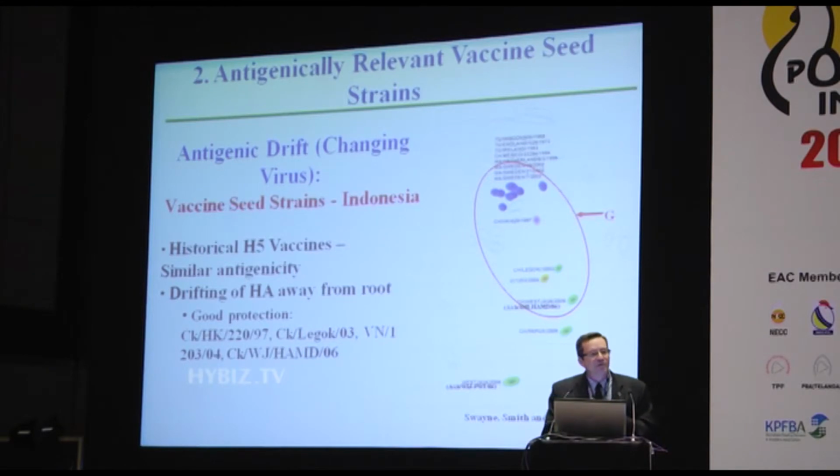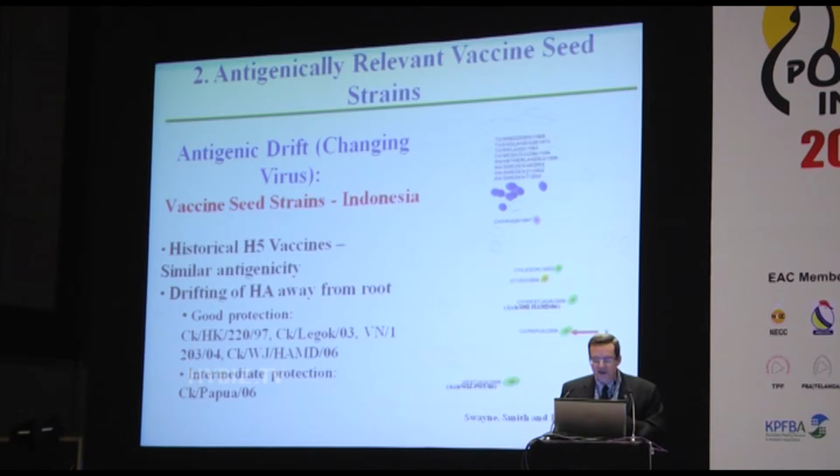For the first series of viruses we looked at from the field, we had good protection by our classic vaccines. We had a virus we found in Papua New Guinea in 2006, for which we had about 50% protection. And then we found a virus on the main island of Java, where we had well-vaccinated chickens and challenged them with this virus, and they all died, telling us that the vaccine seed strain did not match that field virus and the seed strain should be changed.